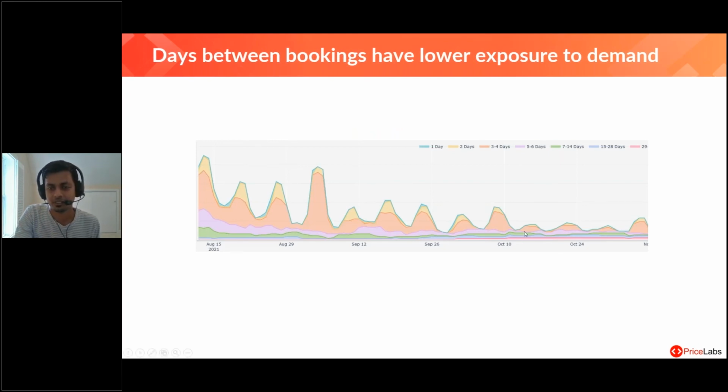One of the things I spot here is that some demand has started building up in October, but a very small portion of that is 2 night stays. So at the minimum, one of the things you could do is to say, okay, let's have my weekends be 3 nights or 4 nights minimum, and only when it is last minute will I open those up to 2 night stays, for example.